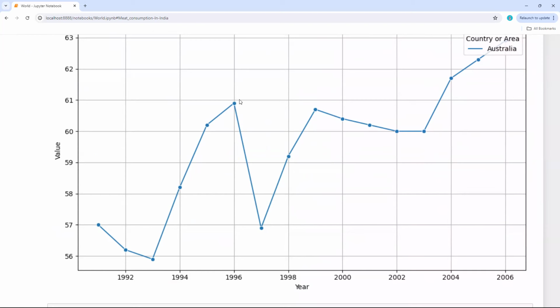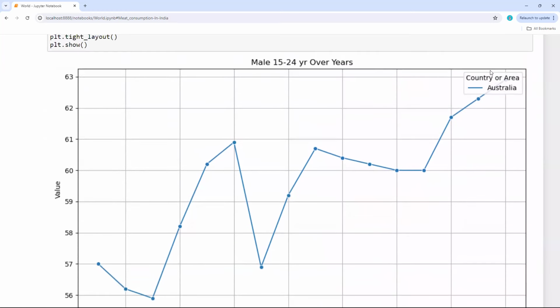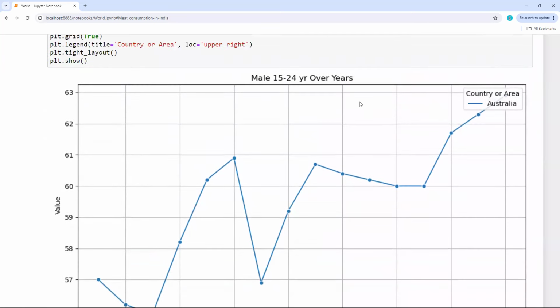Unemployment rate has been increased, then decreased to 57% in 1997, then it has been an increasing trend only. In 2006 it's very high, 63 percentage. So this is only the data for males whose age is in the 15 to 24 year bucket.